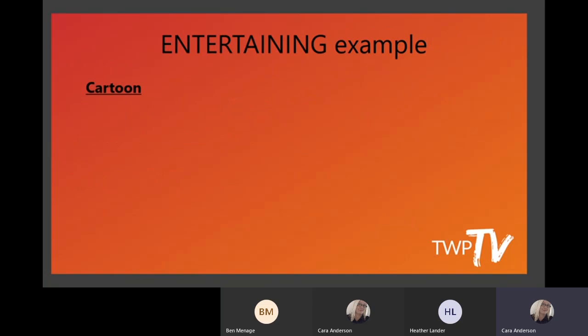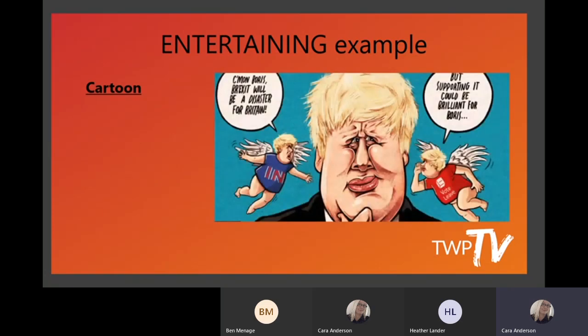So an example I've gone with is a cartoon, very relevant at the moment. Oh, Boris, bless him. A bit of a funny cartoon, pretty obvious what it is, a funny picture. You've got a few quotes in there. So it's meant to be entertaining because it's got some humour in there, and obviously the comments are taking it humorously.